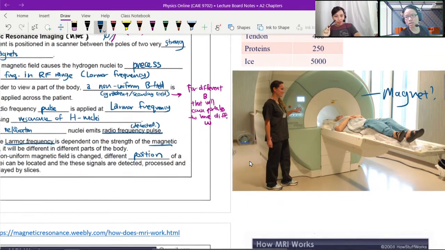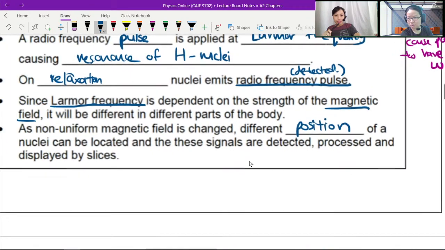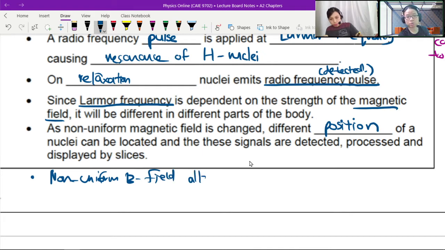Okay. And then there's one last point that I didn't include in the typing. Let's write it down. The second role of the non-uniform magnetic field means that I can choose to scan different parts of the body. So it's mainly for positioning. Later, we will show you some other diagrams to help you understand this concept better.